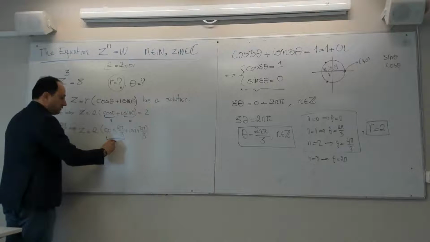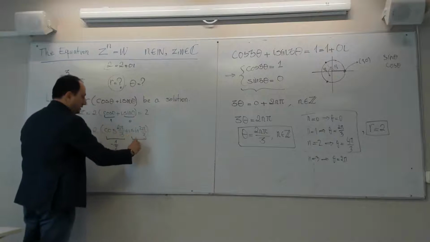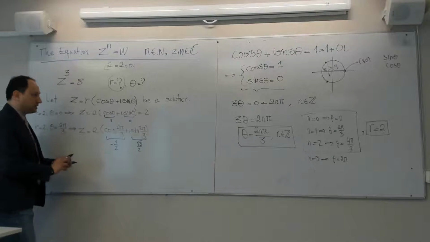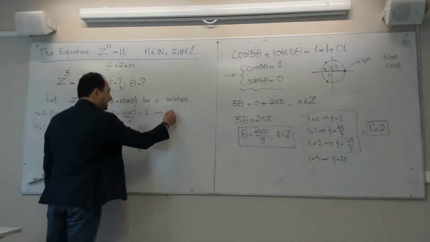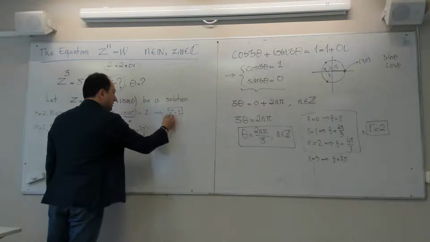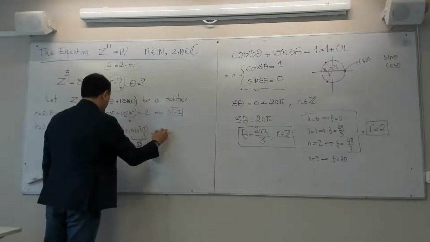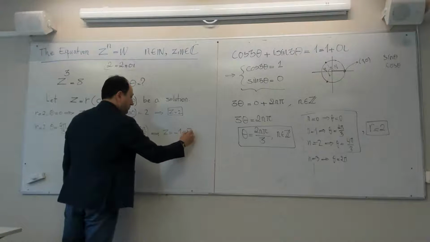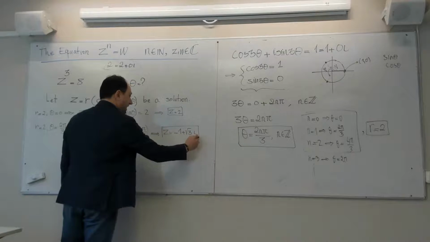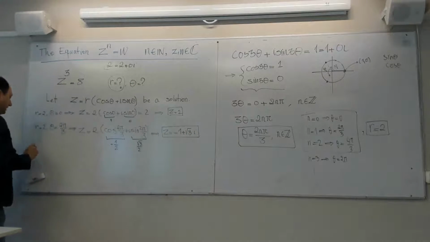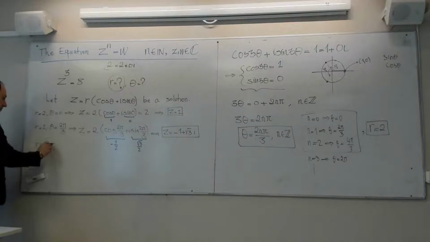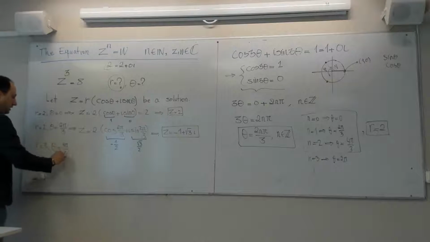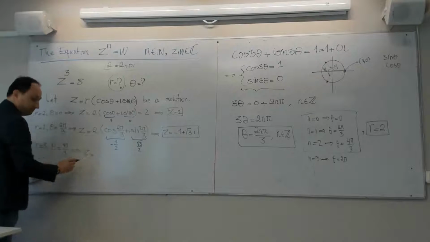So this is minus 1 over 2. This number is the square root of 3 over 2. And now I multiply 2 inside. So here I got z equals 2 as one solution. And here I get z equals, I multiply 2 inside, it becomes minus 1 plus the square root of 3 i. This is the second solution. And then another solution is this, 4 pi over 3. And then I put it again in the equation.